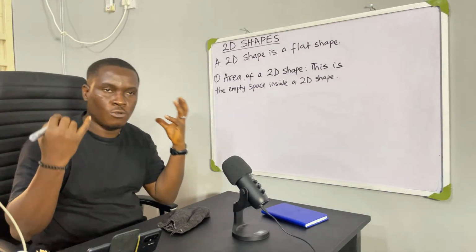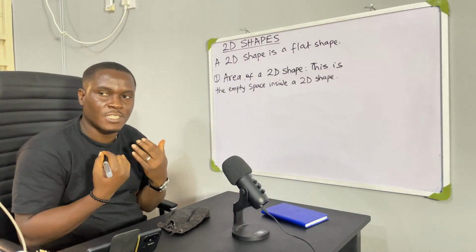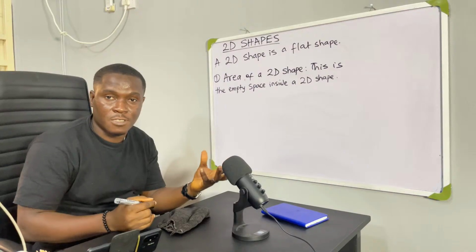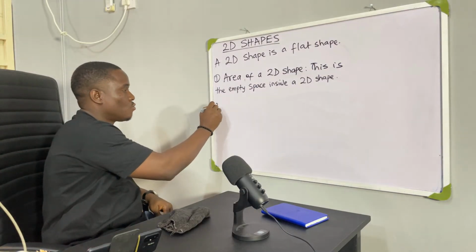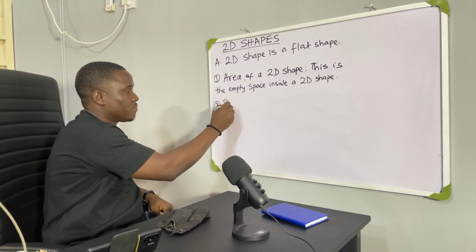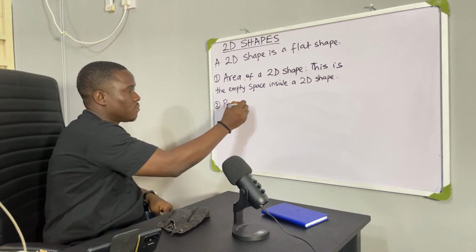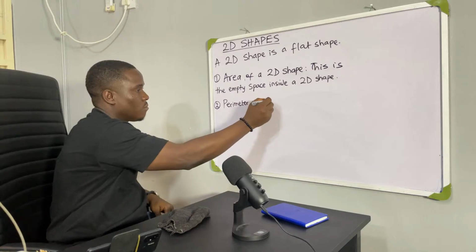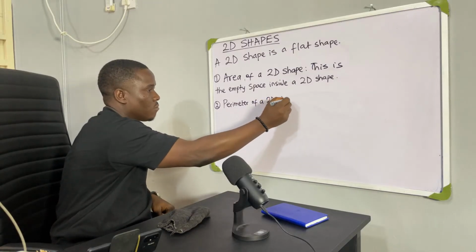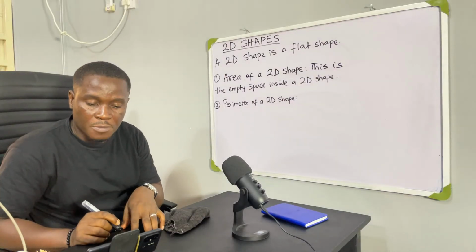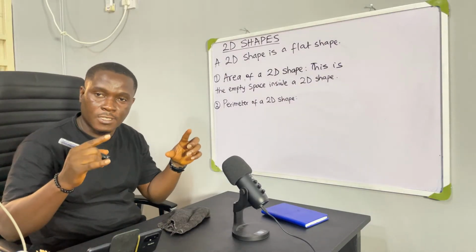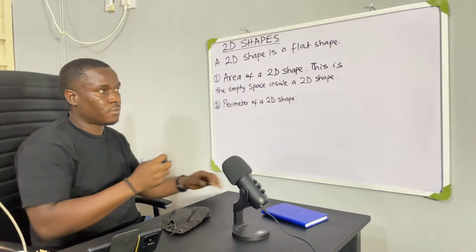So whenever you are told area of a 2D shape, what they are simply referring to is the empty space inside the 2D shape. Number 2, perimeter. The perimeter of the 2D shape is the sum of the lines surrounding the 2D shape.